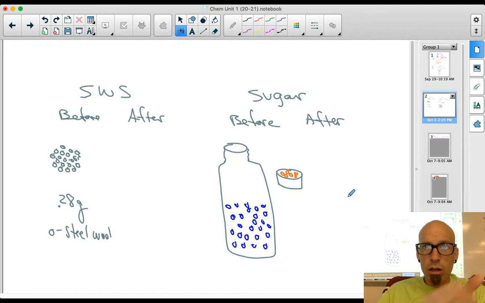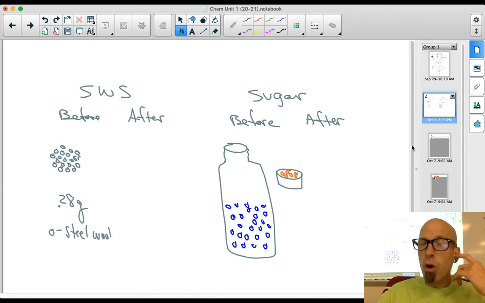So those are some ideas about the particle diagrams and how we would draw them to show whether the mass went up, whether it went down, or whether it stayed the same. Hopefully that helps some of you figure out what we were doing.